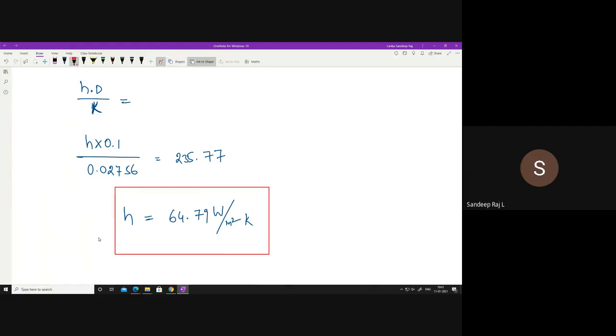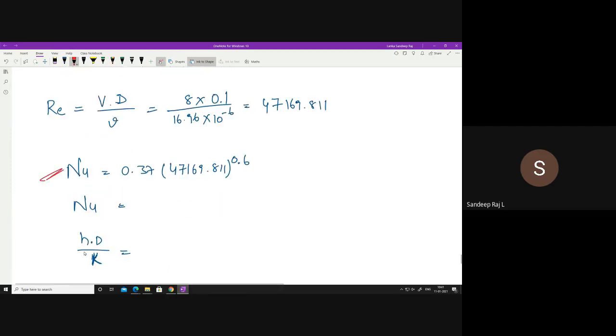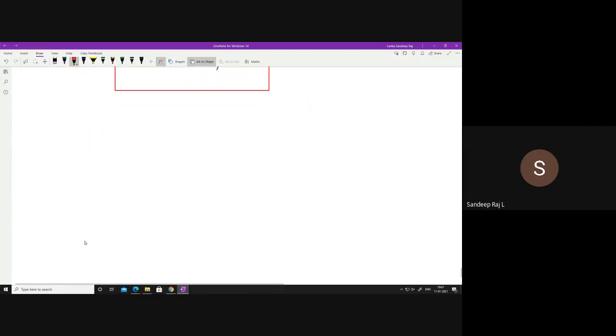So this is using this particular Nu expression. You may use the other Nu expressions also and solve it.